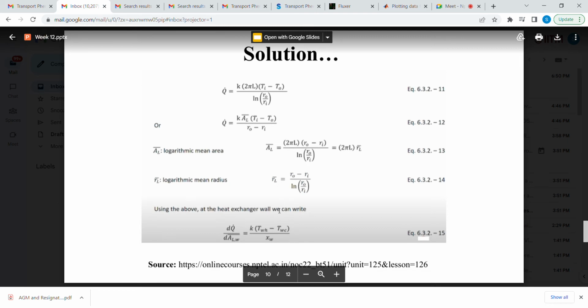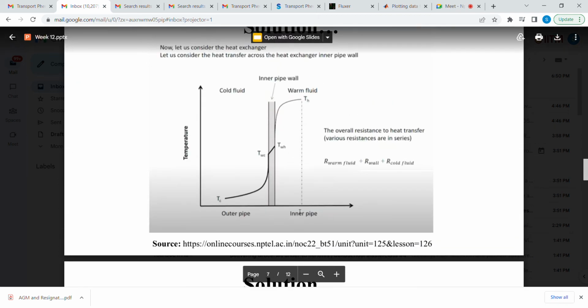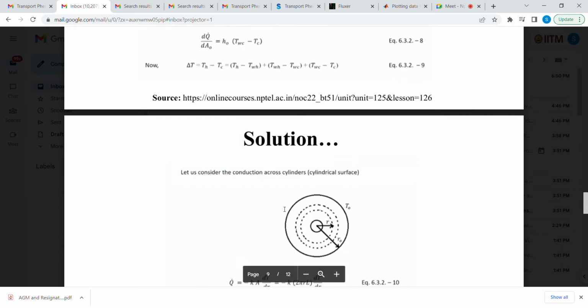So this is the rate of heat exchange at the heat exchanger wall: dq dot by dA_L hat equal to k into (Twh minus Twc) by xw. Twh is this, Twc is this, and xw is the thickness of the wall.